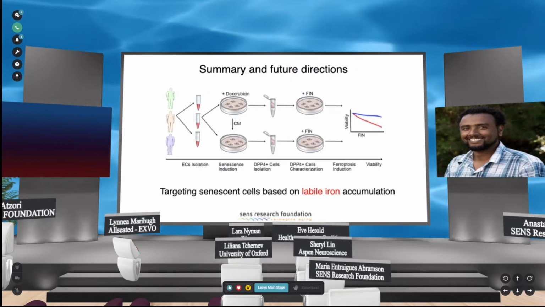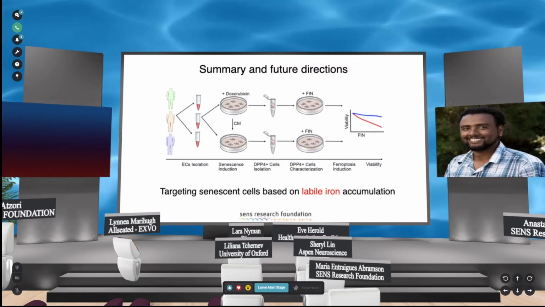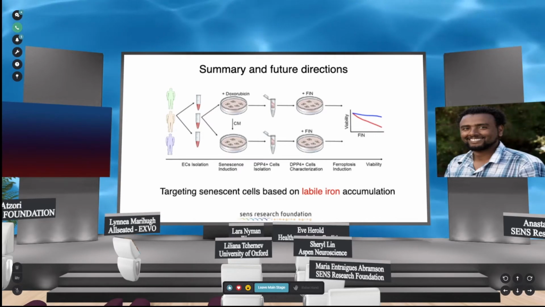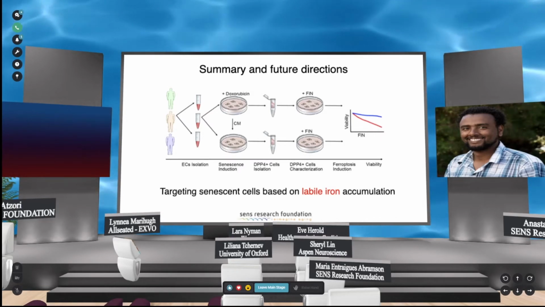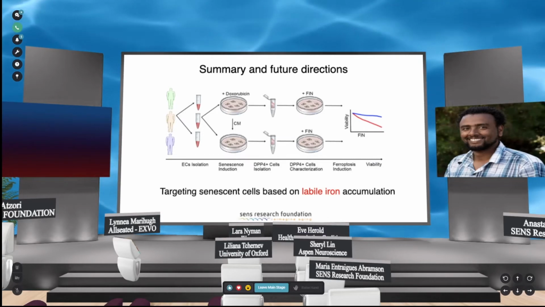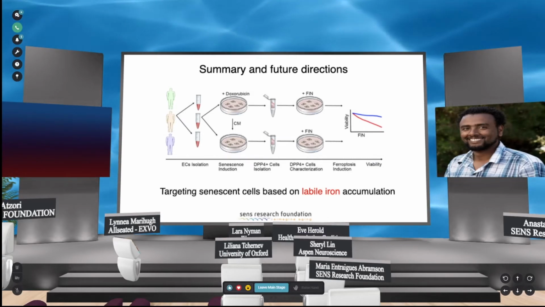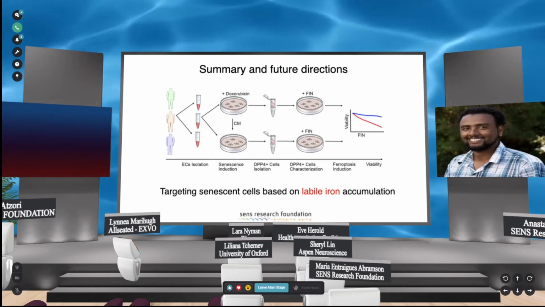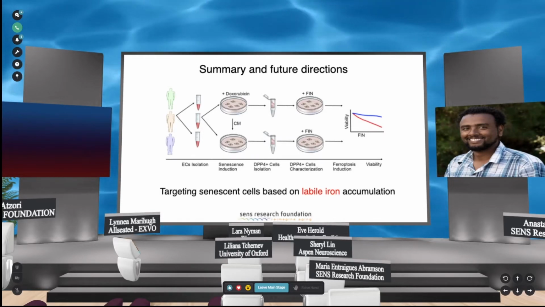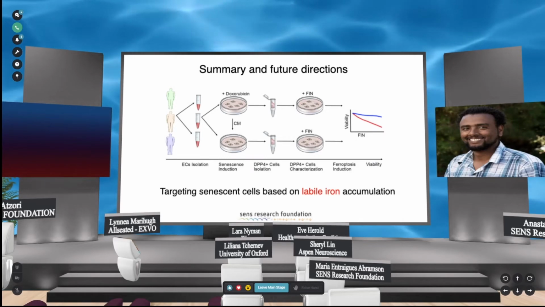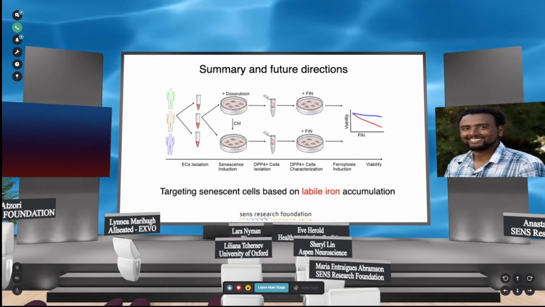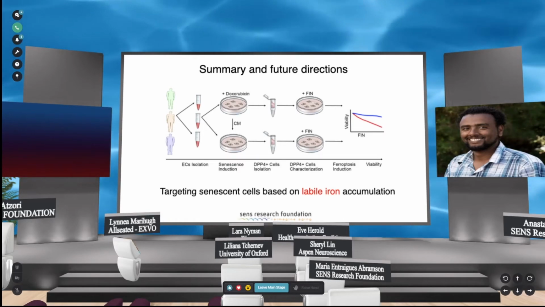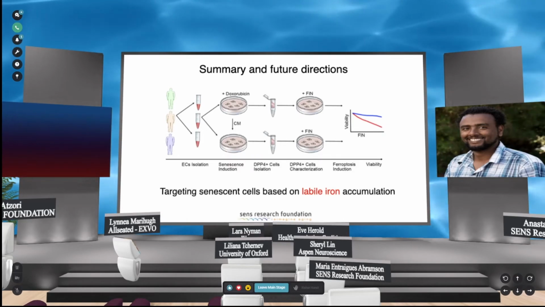So just to summarize, we got primary endothelial cells from 3 donors, and then we induced primary senescence with doxorubicin treatment, and we used conditioned media from these doxorubicin-treated cells to induce secondary senescence. After that, we isolated DPP4 positive primary and secondary senescent cells in order to enrich the percentage of secondary senescent cells and get purified senescent cells.